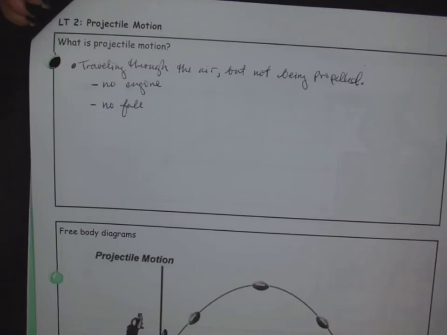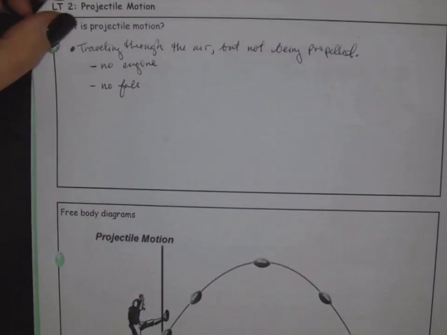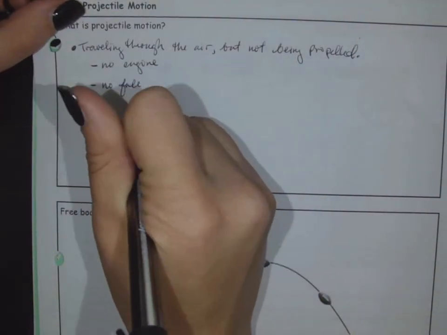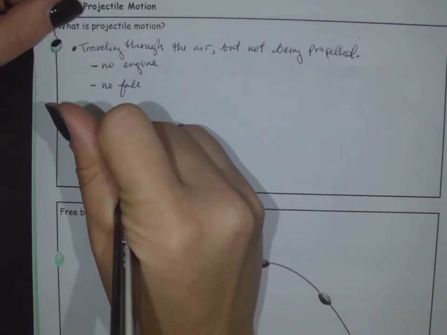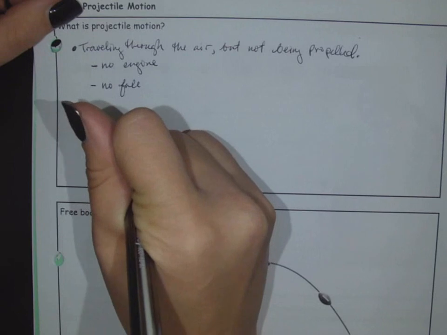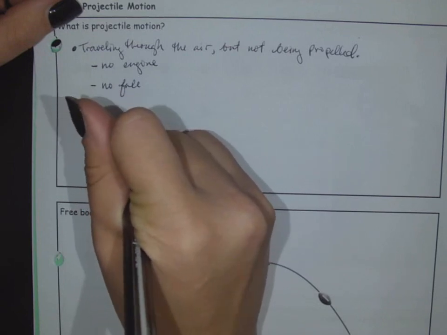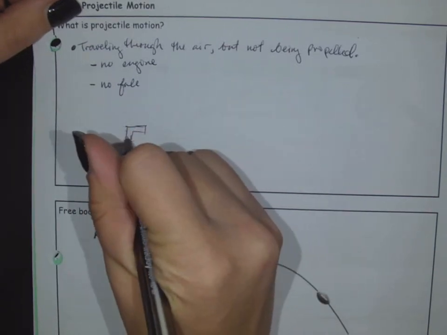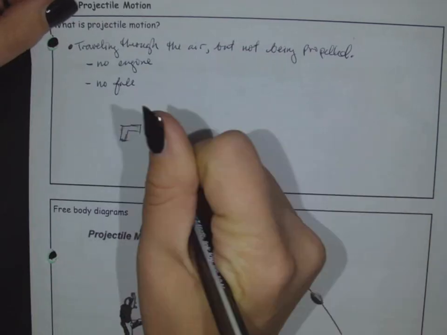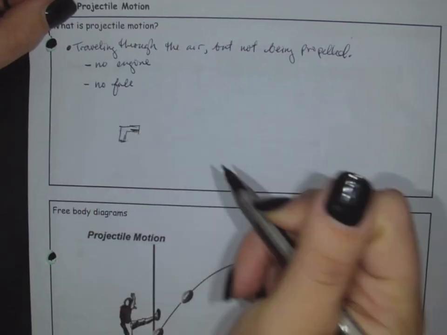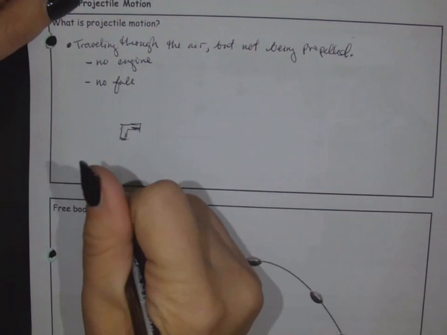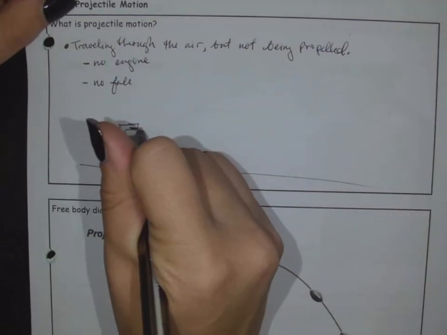Let's talk about that for a second. Let's say we took our gun out on the range, and we're going to fire a bullet from it. We're not even going to put it at a launch angle, just perfectly horizontal with the ground.